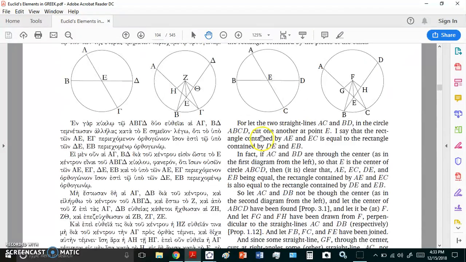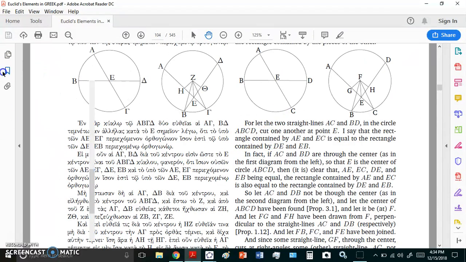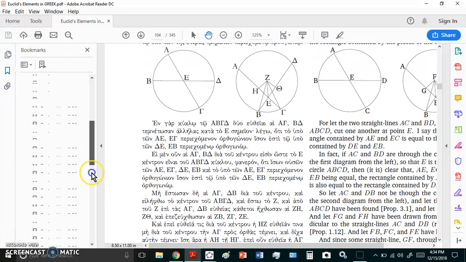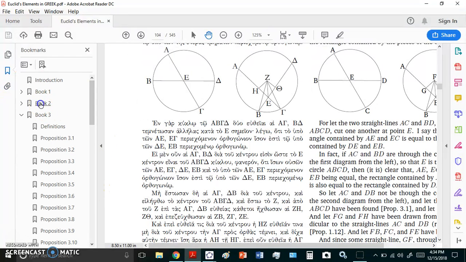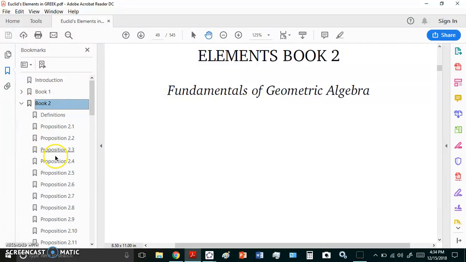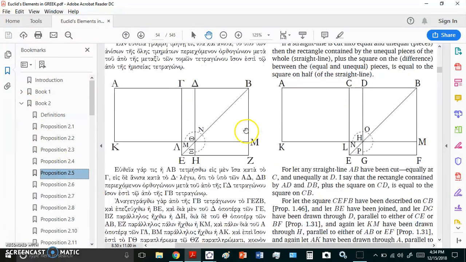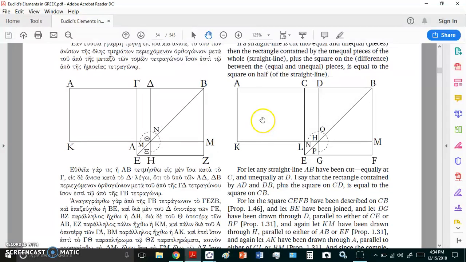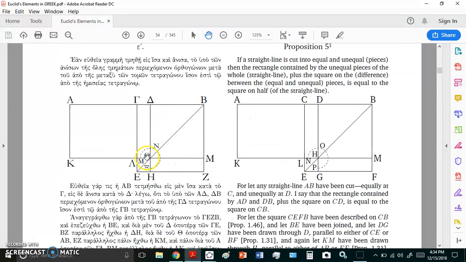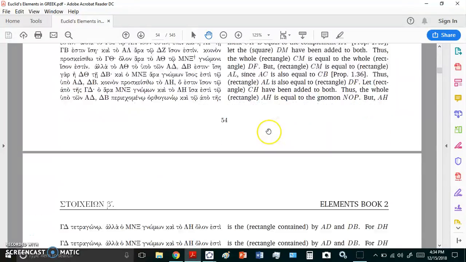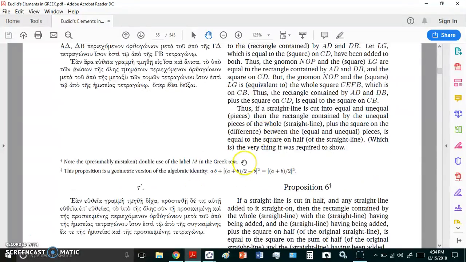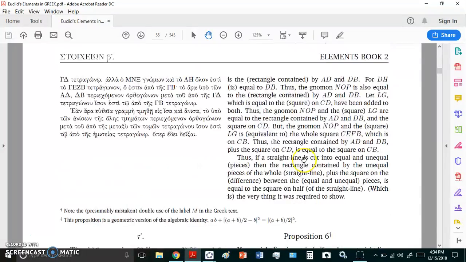It's 35. Oh, we need to go to Book 2 and Proposition 5. Book 2 and Proposition 5. And we'll see now that, first of all, this gnomon here is misinterpreted. And obviously the formula that's given down here is not what it's referring to.